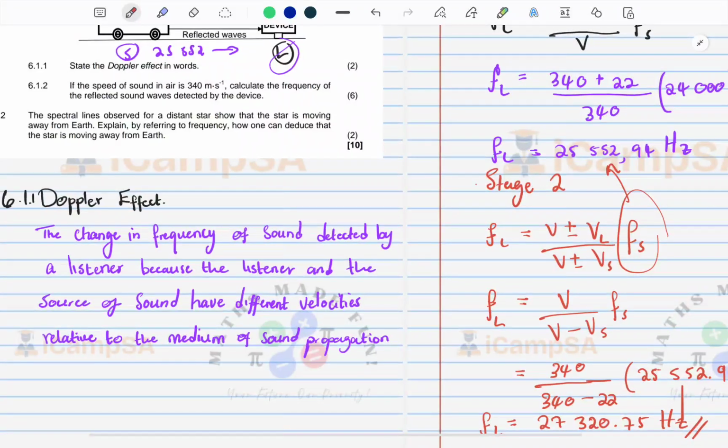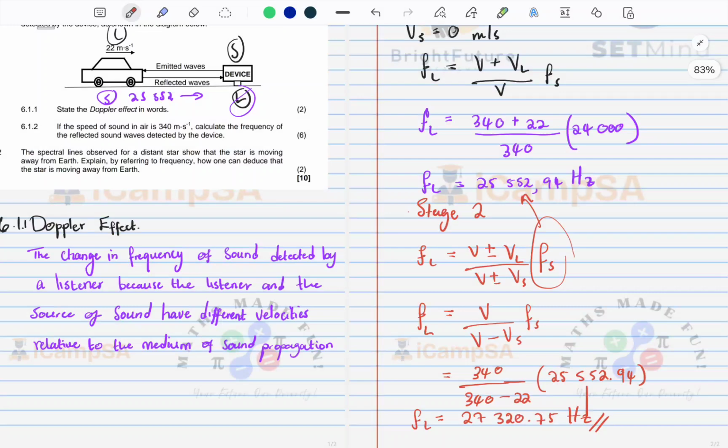Then they're asking us here: the spectral lines observed on a distant star show that the star is moving away from the Earth. Explain by referring to frequency how you can deduce that the star is moving away. How do we go about that? This one is just simple red shifts and blue shifts.